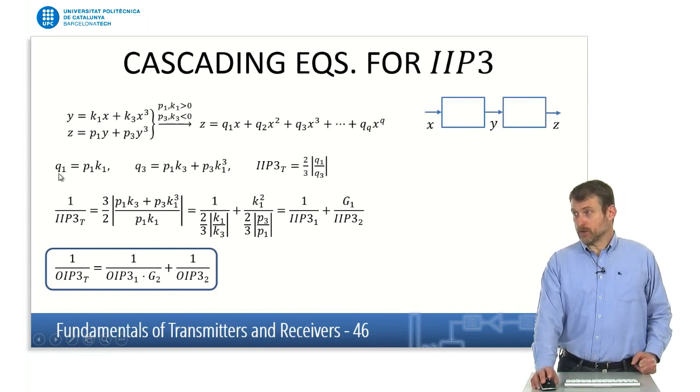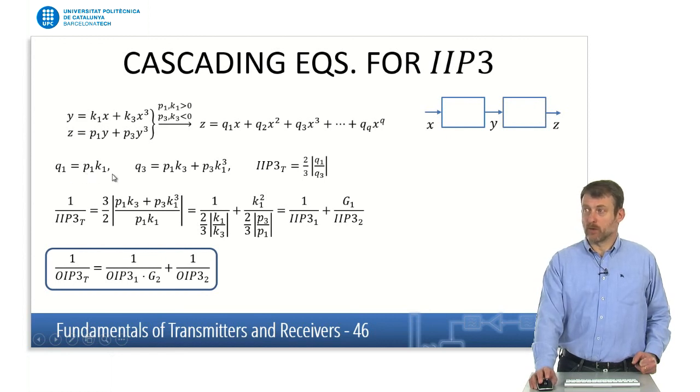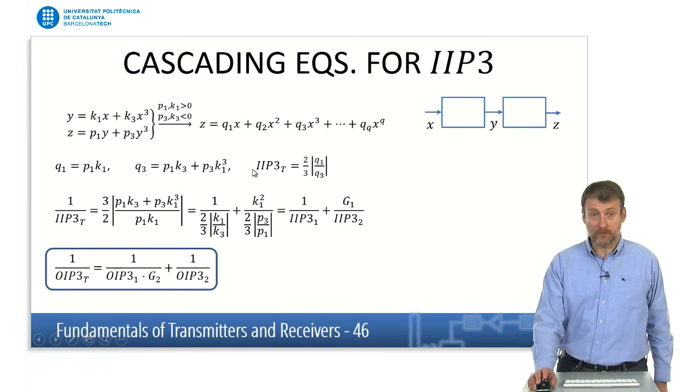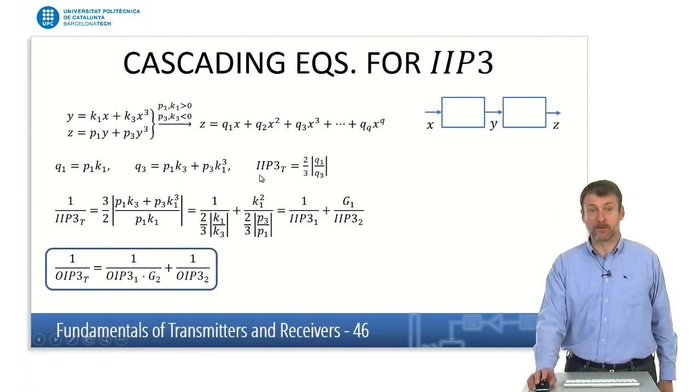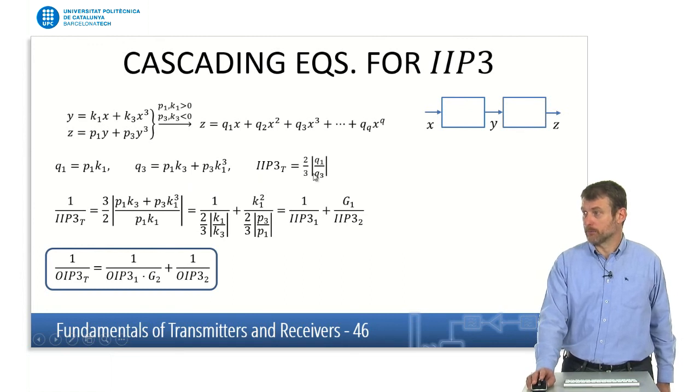Accordingly, this coefficient Q1 will be the product of P1, K1, these two elements in here, and Q3 will have this dependence, right? Now, using the equation for IP3 that we have developed before, IP3 would be 2/3 of Q1 divided by Q3, right?